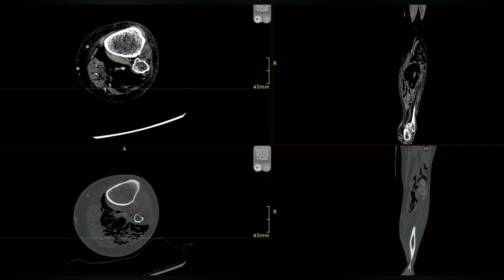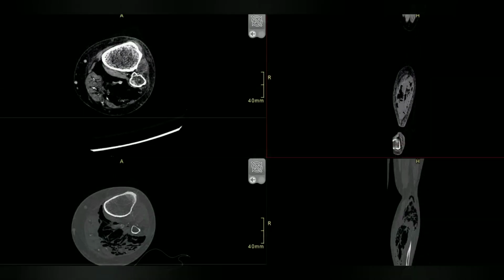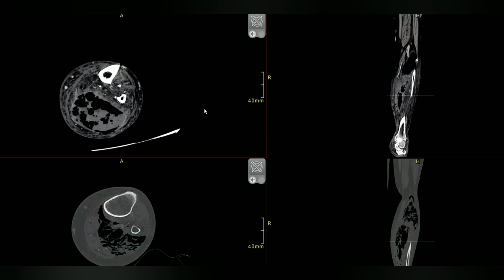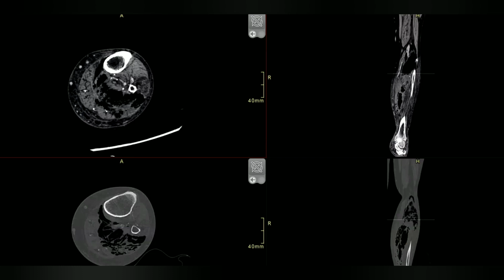I'm not sure about diabetes, but the patient is a renal transplant patient. Yeah, means he is immunocompromised. I would advise the administration of antibiotics and drainage of this abscess.